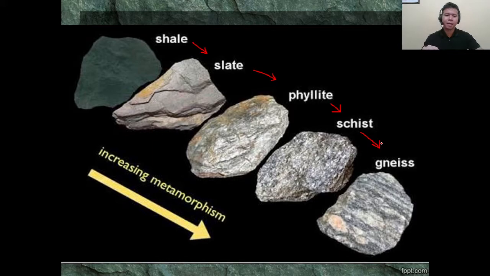More heat and pressure, gneiss can possibly then melt and get mixed with the magma. Okay? So for increasing heat and pressure, there is also an increasing metamorphism, allowing a certain type of rock to change into another type of rock due to an increase of heat and pressure.